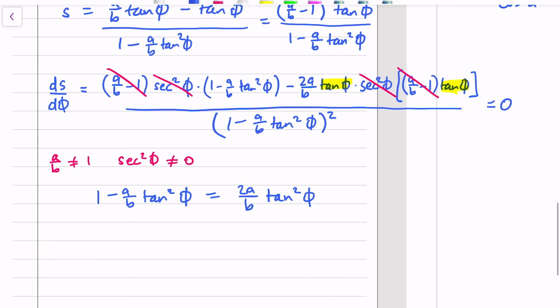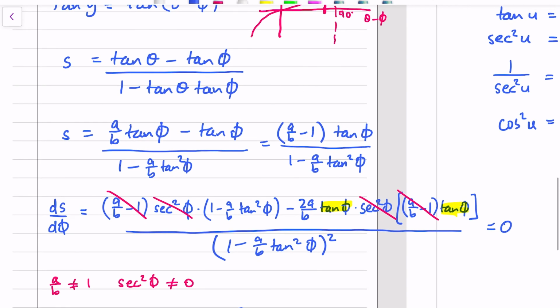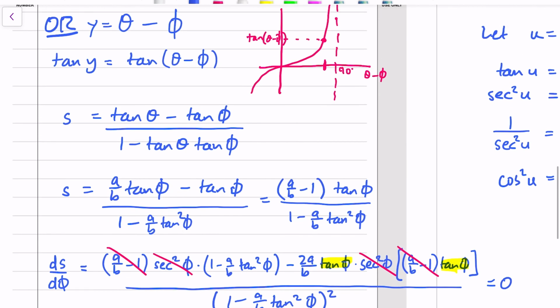Okay, and rearranging this. Oh, is there a mistake? Oh my goodness, my compound angle formula. That should be a plus. That's a plus. That's a plus. That's a plus. But the quotient rule says I'd actually differentiated wrong.